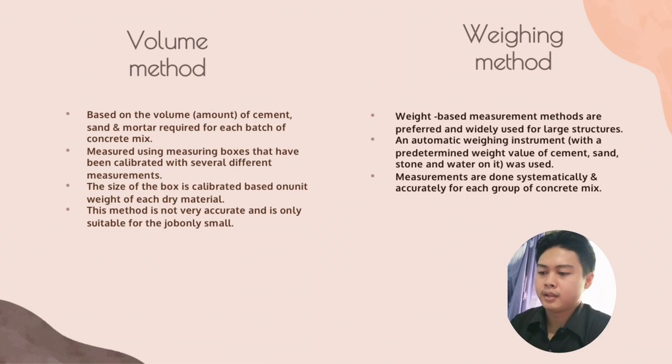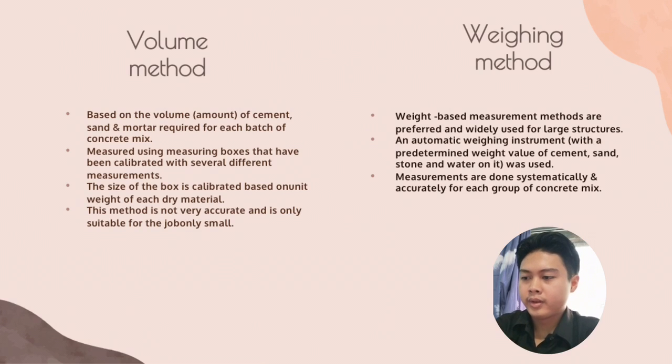The size of the box is calibrated based on the unit weight of each dry material. The last point is that this method is not very accurate and is only suitable for small jobs.